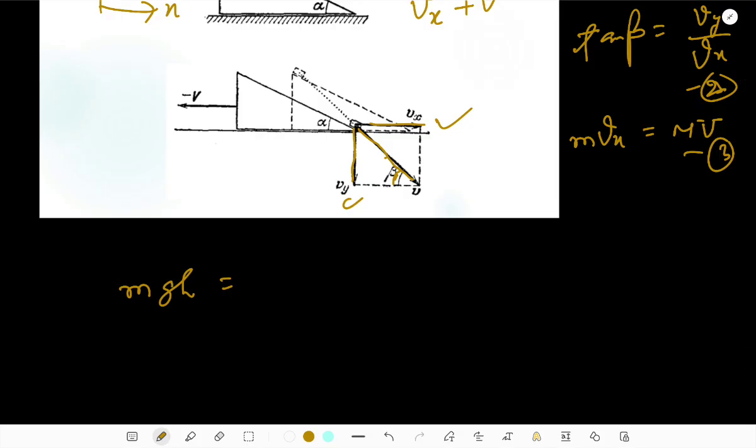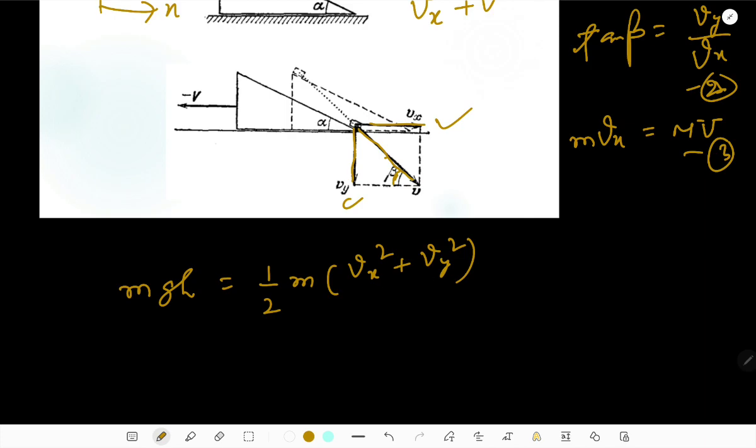So mgh was initial, and finally we write the kinetic energy of the block. Writing the block's kinetic energy is simple. Its complete velocity is the square root of Vx square plus Vy square, and if you square it, it will come out like this, and there is a half, so half m v square.